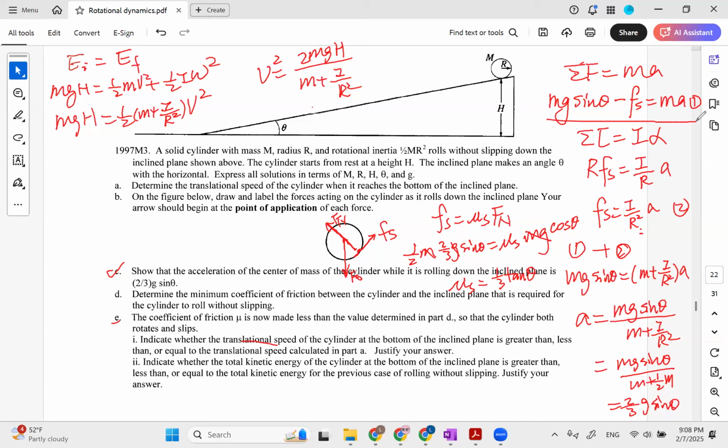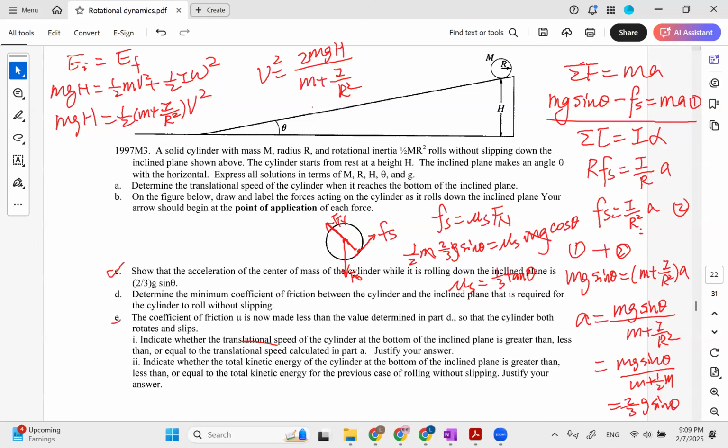Right now, static friction will be kinetic friction. You have less kinetic friction according to Newton's second law. You will have greater acceleration, and it's going down the same ramp. That's why final translational speed will be greater.